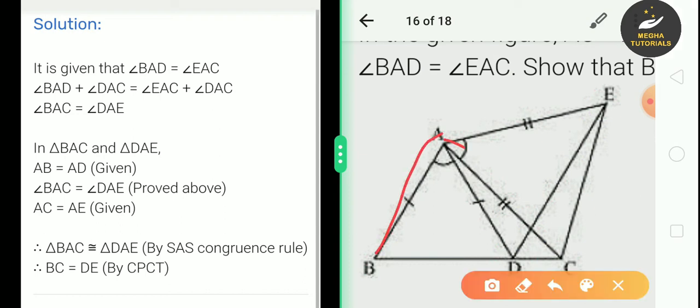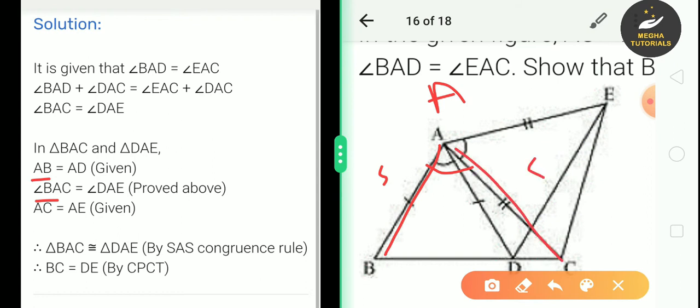In this triangle, side AB, then angle BAC, the complete angle, and side AC. So side angle side. Therefore these two triangles, triangle BAC and triangle DAE, are congruent by the SAS congruency test. Since the two triangles are congruent, we can equate corresponding sides. Therefore, we can write BC is equal to DE by CPCT.